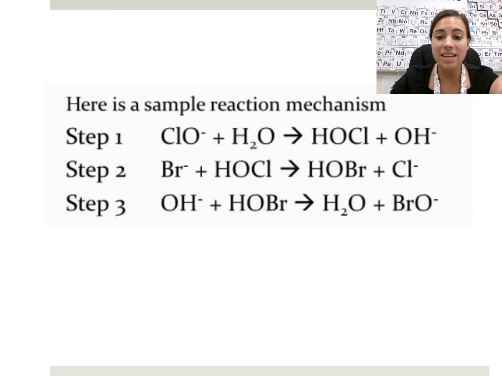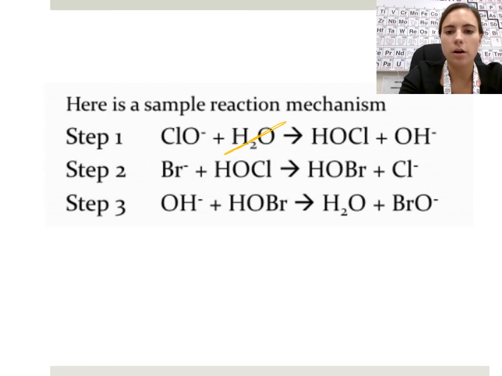So here's that example mechanism that we used before to practice canceling out. Well, now let's actually call the things that cancel out what they are. So water cancels out, HOBr cancels out, HOCl cancels out, and hydroxide cancels out. So water is a catalyst.